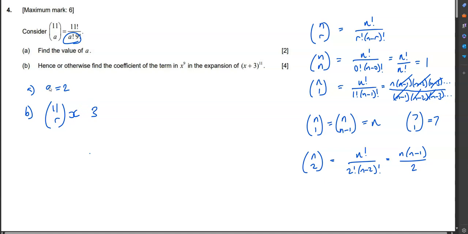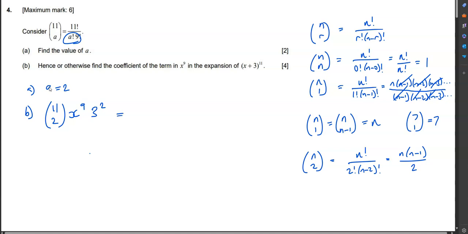We can see that to find x to the 9, it's got to be 9 here, and then to make it up to 11, this needs to be 2, and so we know that r needs to be either 2 or 9. So there's no difficulty in working out what value of r is. Later on, we'll see some where it is a bit harder.